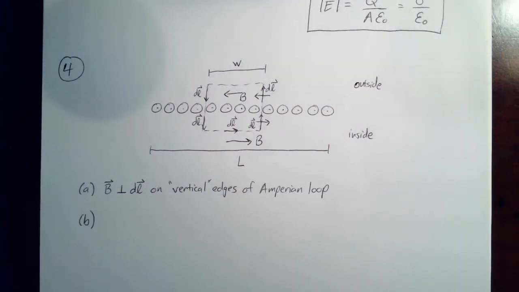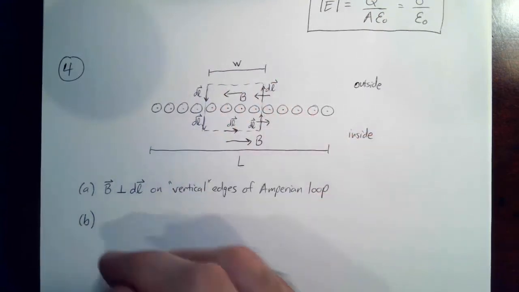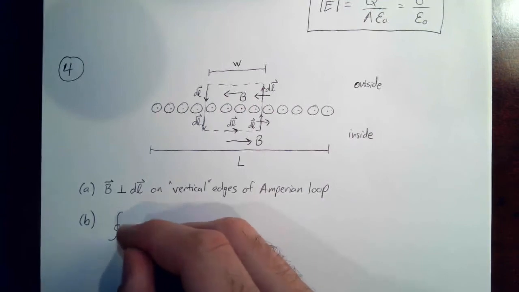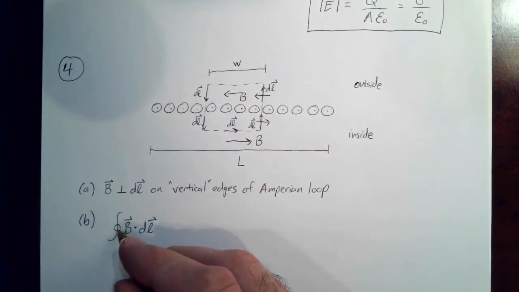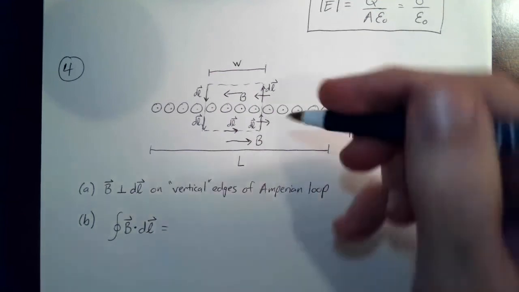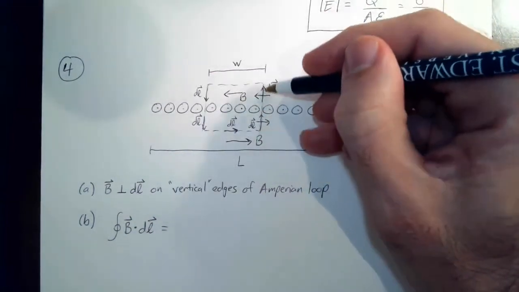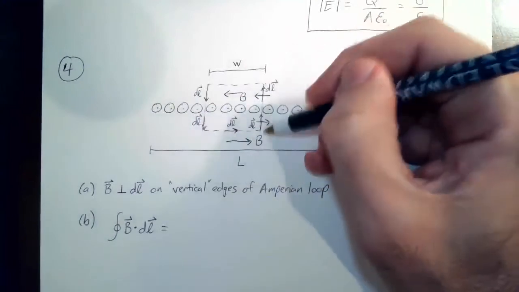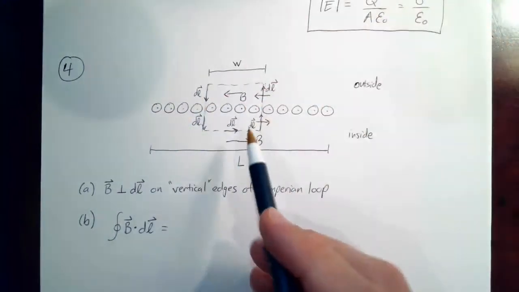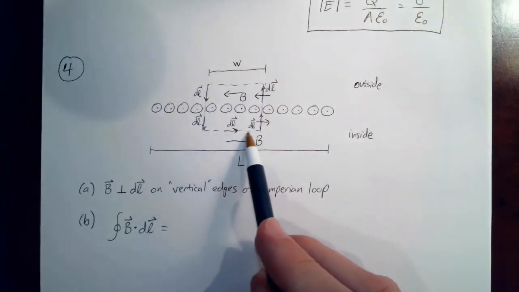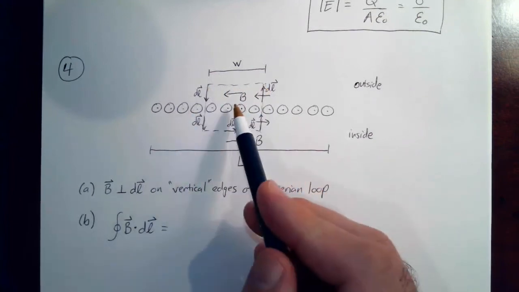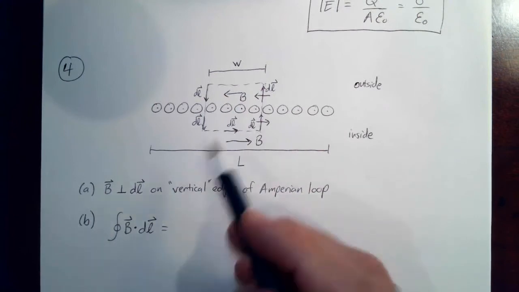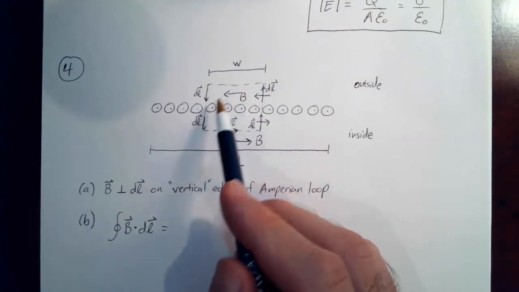Okay, now I'm going to calculate the integral of B dot dl going all the way around my closed loop. And we already have argued that since these are perpendicular on the sides, we're going to get zero contribution from those. So all that we have left is the contribution along this edge of the loop and along this edge of the loop. And remember, I'm not assuming that B is zero in this case.